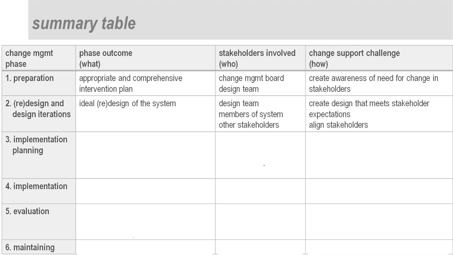The third phase is implementation planning, and the outcome is an implementable plan. It involves the design team, specialized task teams, the members of the system, and possibly other stakeholders who are involved in having to implement parts of the plan.